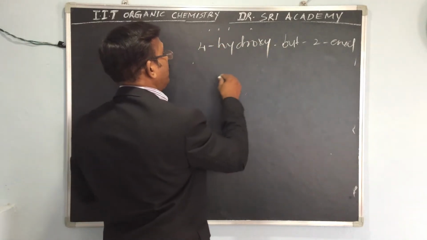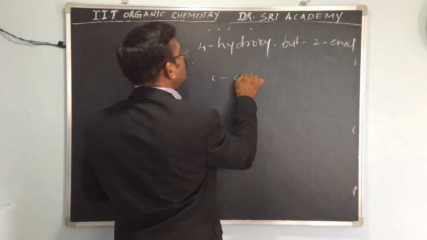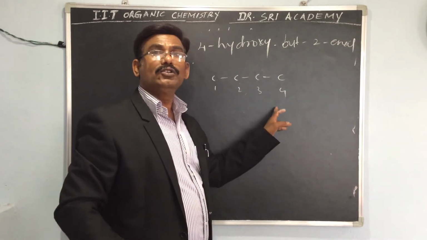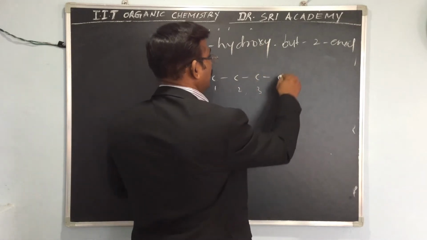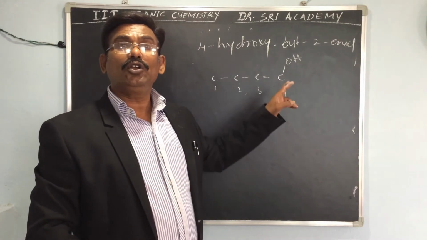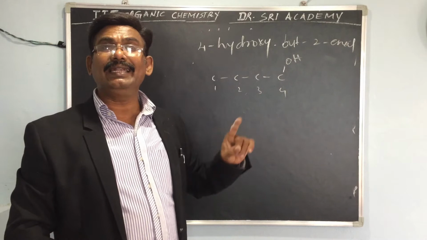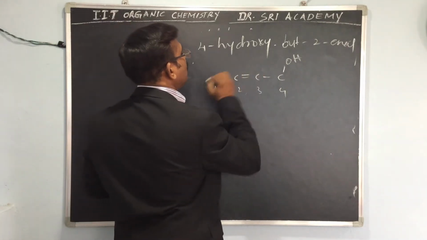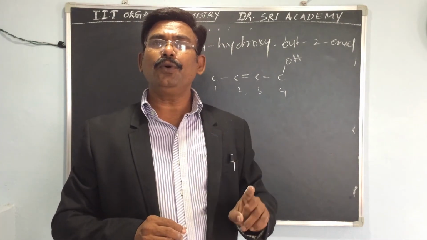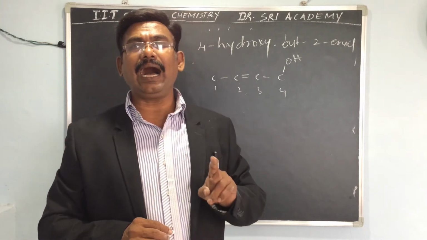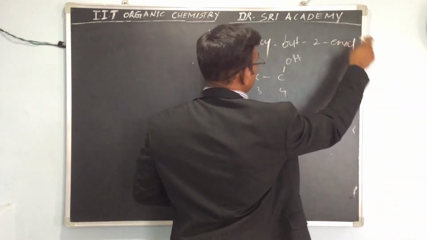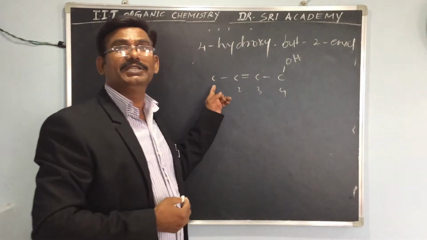So carbons 1, 2, 3, 4, and the fourth carbon contains the hydroxy. Then 2-ene, so the second carbon contains the double bond. Then 4-hydroxybut-2-enal. Al means the first position.